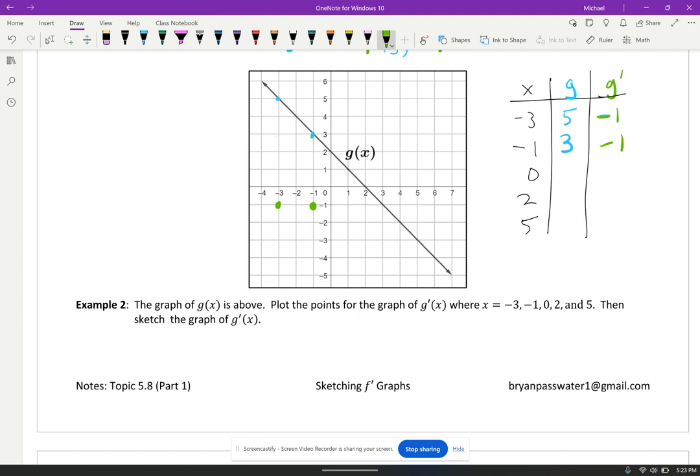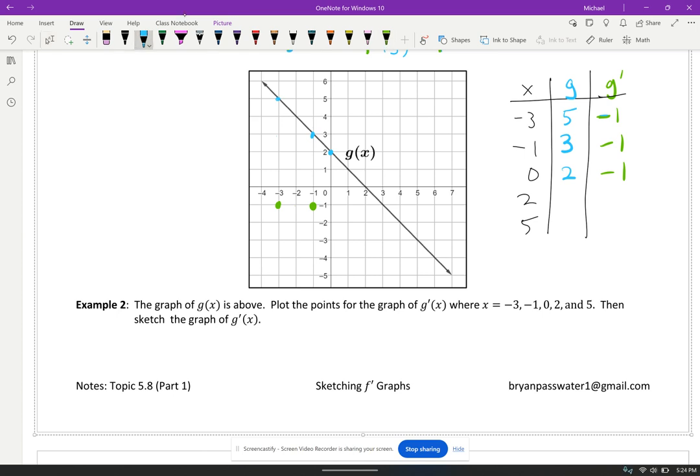And after a while, you realize, oh, so x equals 0, my y is 2, but my slope, I'm going down 1 over 1, down 1 over 1, is still negative 1. Well, my slope is going to be the same throughout because the slope of this graph is always the same value because it's a line.